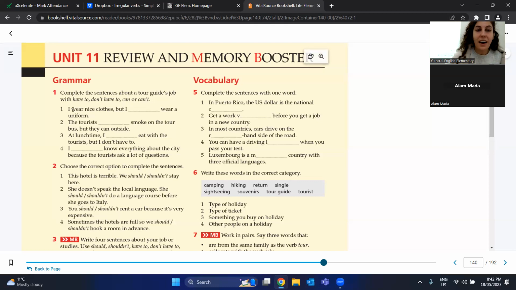So number one, I wear nice clothes, but, so when you see but, it means it's going to a negative. I wear nice clothes, but I don't have to wear a uniform.